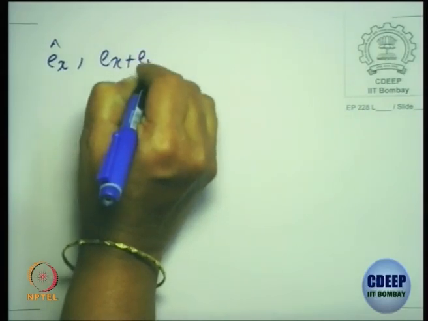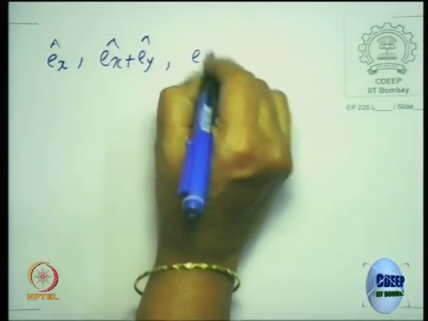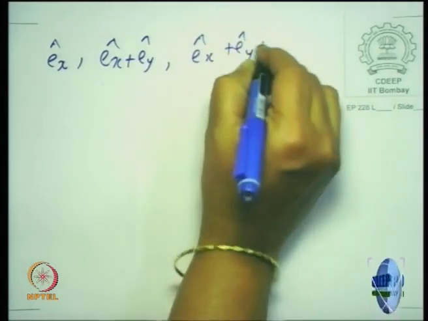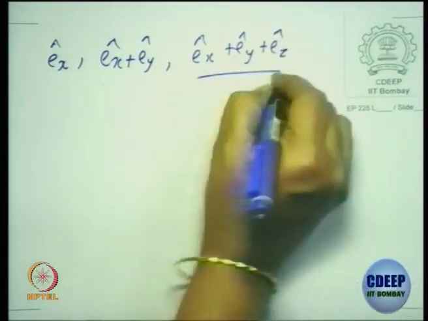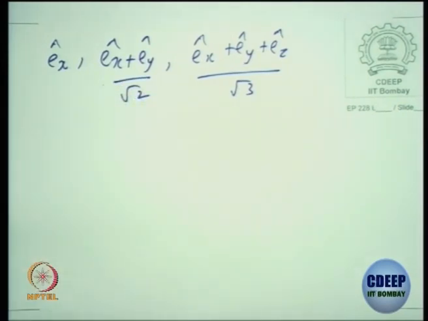I had Ex, Ex plus Ey, and then Ex plus Ey plus Ez, you could normalize them. This is a basis set in three-dimensional real space which spans the space, but it is non-orthogonal.